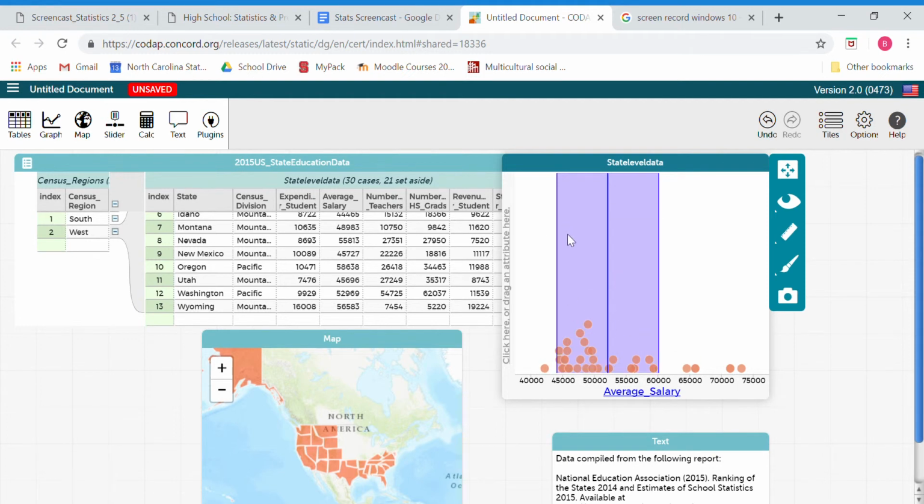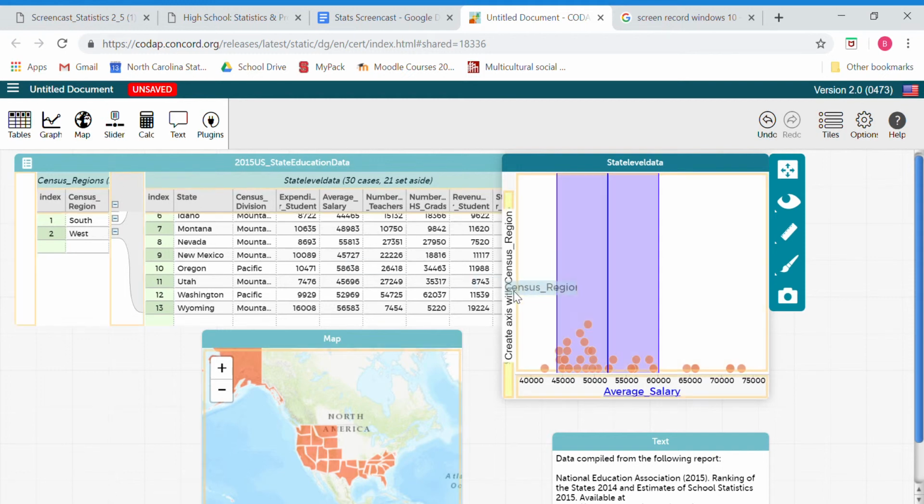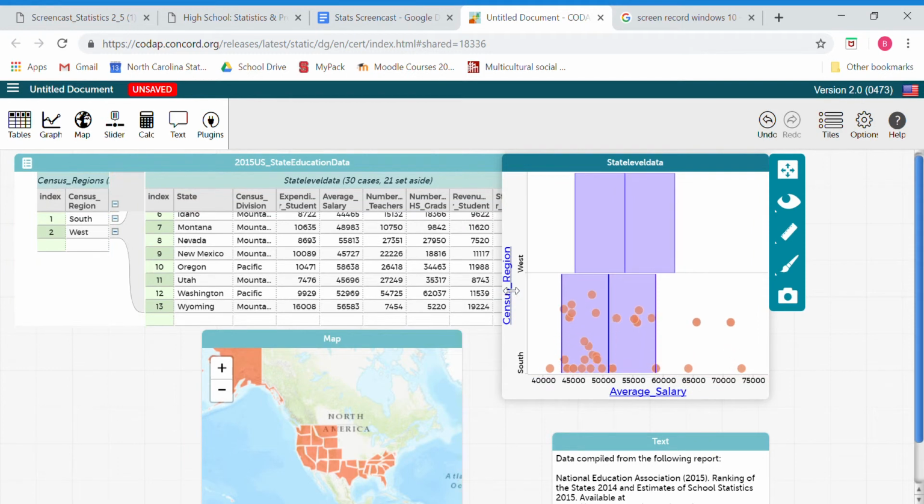But we want to focus on the different regions and which region is best, or what the different attributes of each region are. So you'll notice when we split it up from south to west, that the west has clearly a higher mean, but really not that much higher because both the means fall within one standard deviation of each other, and they're only $3,000 apart. So the average salaries for the south and west are actually pretty close.